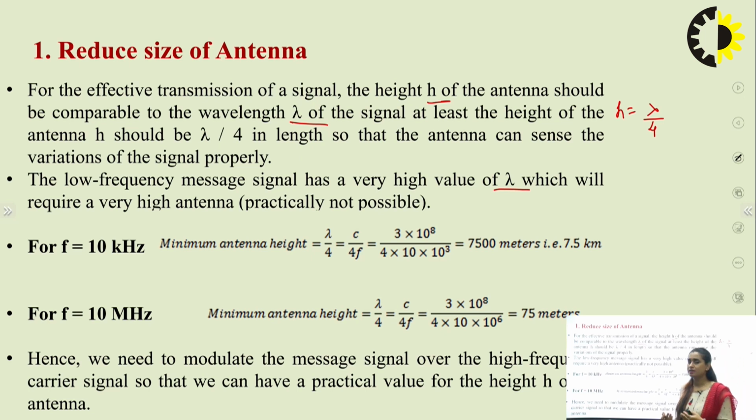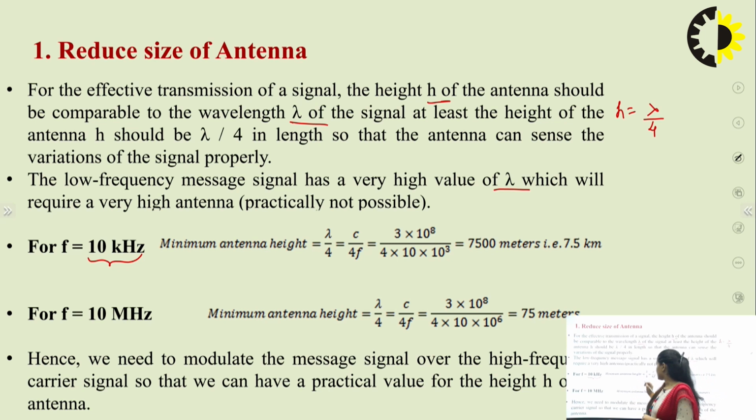Let us calculate it for ourselves, right? We know that the audio signal has a range of 20 Hz to 20 kilohertz. So let's choose just any random signal. Let's consider 10 kilohertz. This falls under my audio signal range, which is 20 Hz to 20 kilohertz.